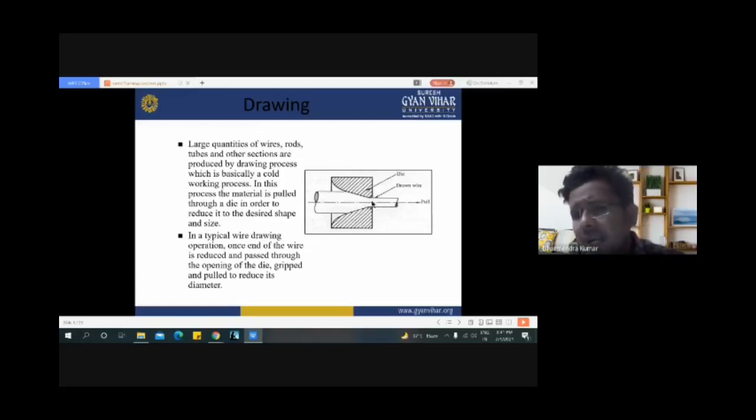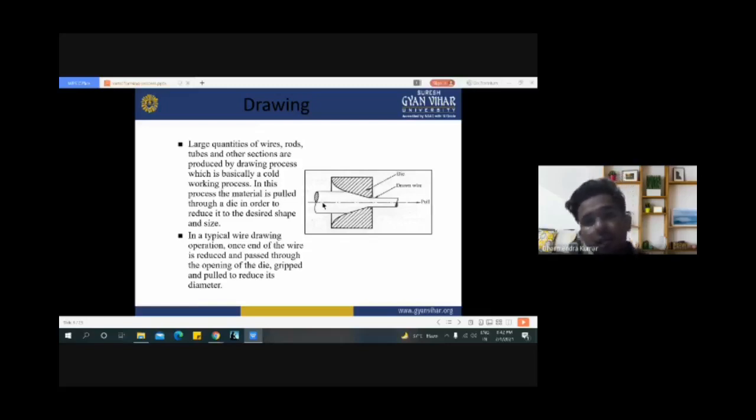We have seen that in the extrusion process, one ram is used on the outer side of the arrangement, and we apply the total force on the ram to extrude the material from the die or from that cavity.